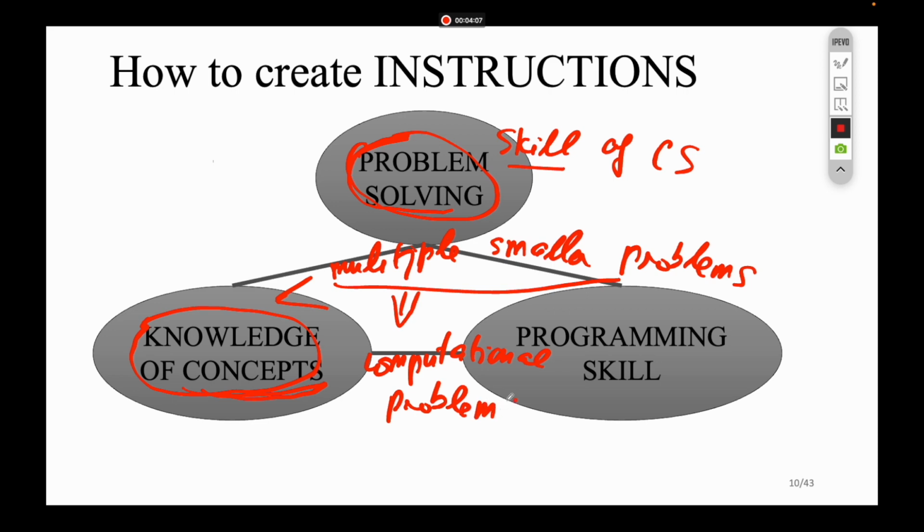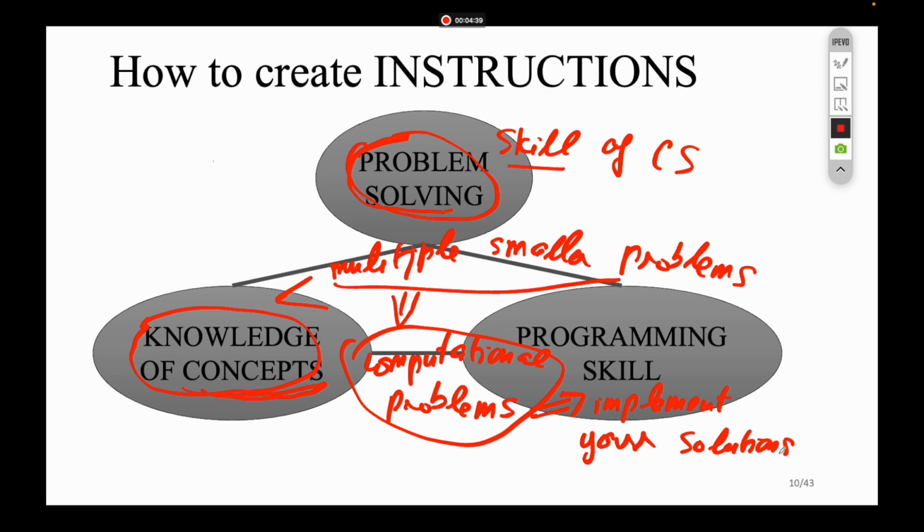After you got computational problems, you're going to apply programming skill to solve them, and implement your solution in a programming language. So you need three of them.